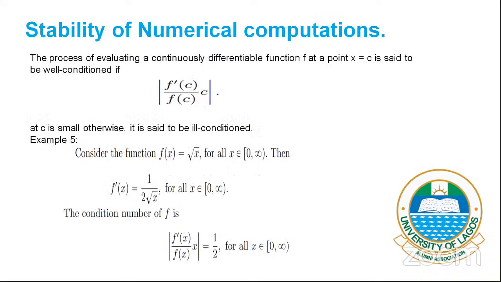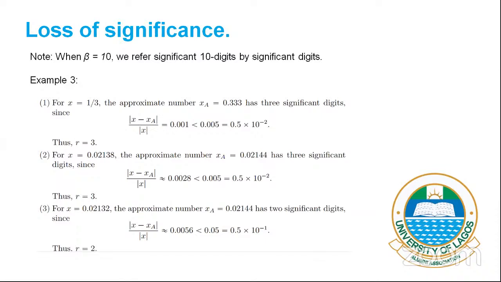I got it. Oh, okay. I got the 0.001. Did not get the 0.005. The 0.005. Can you hear me, sir? Yes, sir.